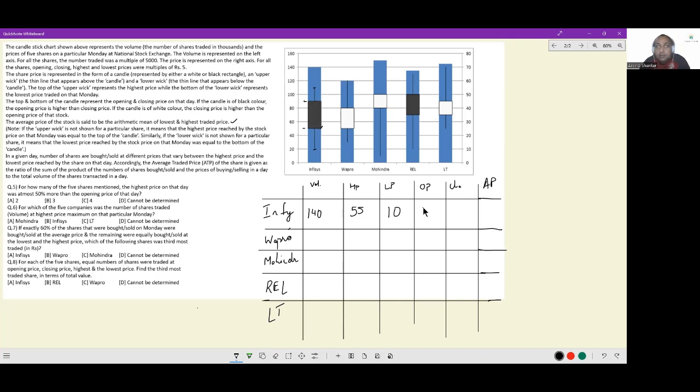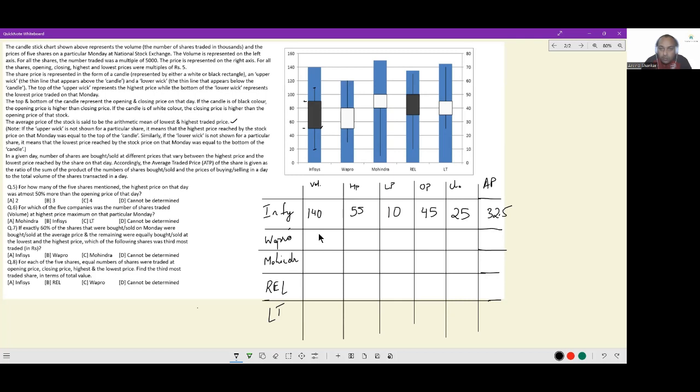So opening price is 45 and closing price is 25. And the average price is simply the highest and the lowest traded price, 55 plus 10, 65 divided by 2, so 32.5. We have all the information we need for Infosys.